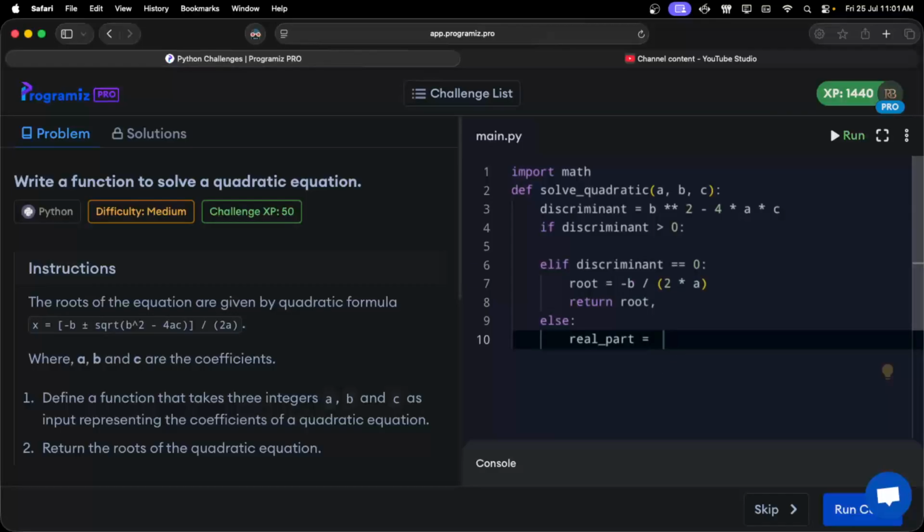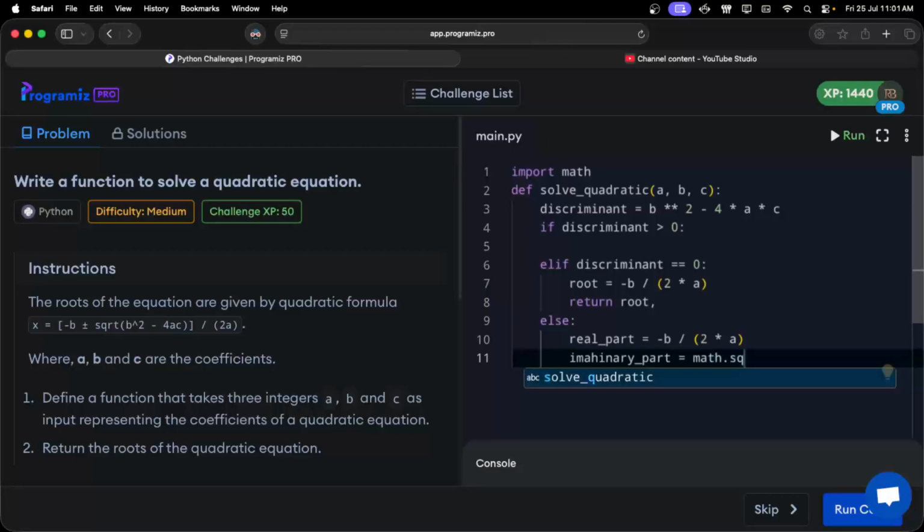Because this will give us a value, so the real part is 1 plus 2i or whatever, right? So this is the real part, the 1. So the imaginary part will be the value, math dot square root. We will need to put that thing inside the square root.